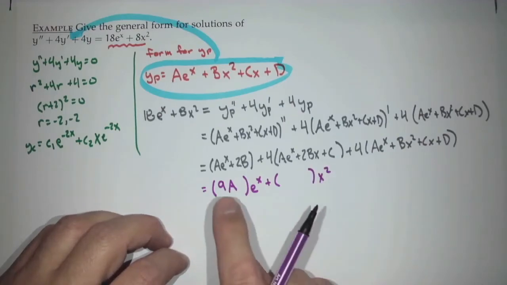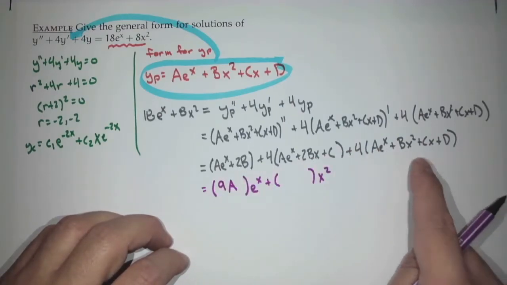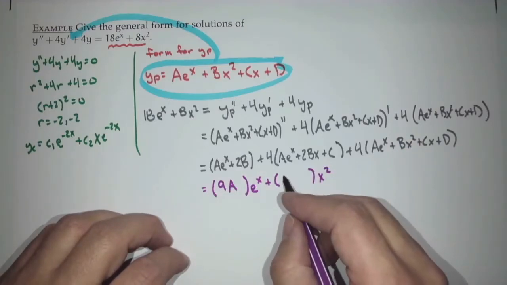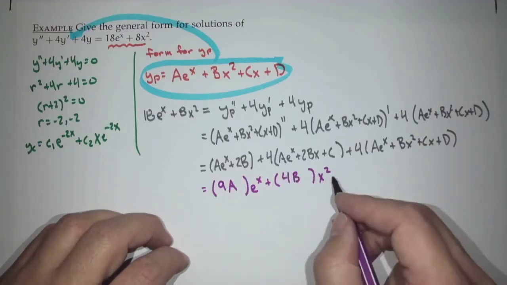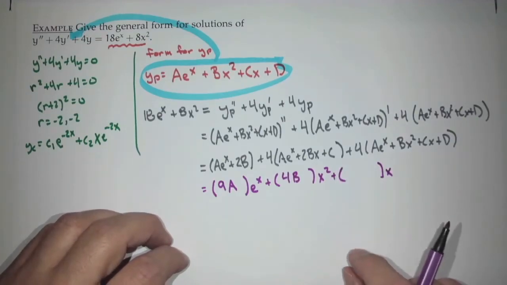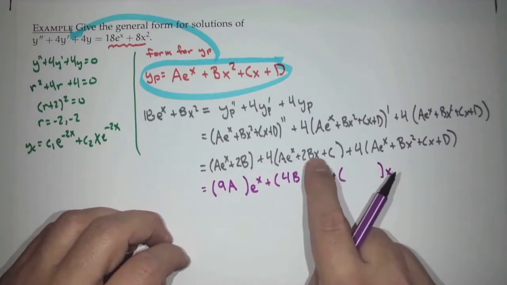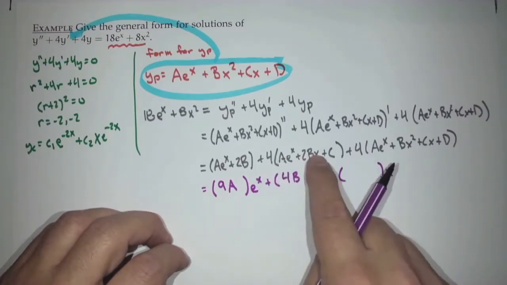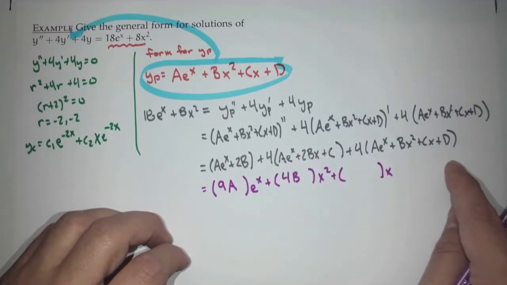Okay, let's go to the squares. Do we have any squares floating around anywhere? 4b at the end. Let's go to x's. Do we have any x's? We have an x here. What would that be? 8b. Don't forget about the 4. Anything over here? 4c.